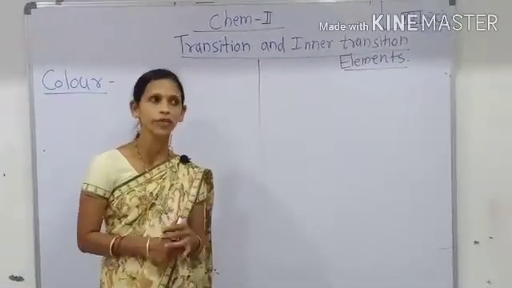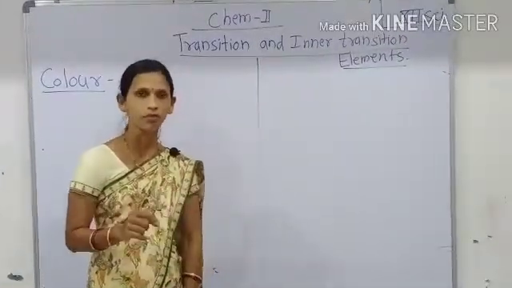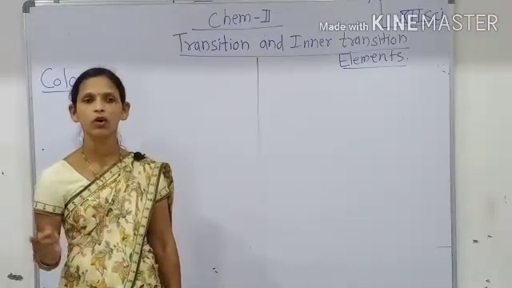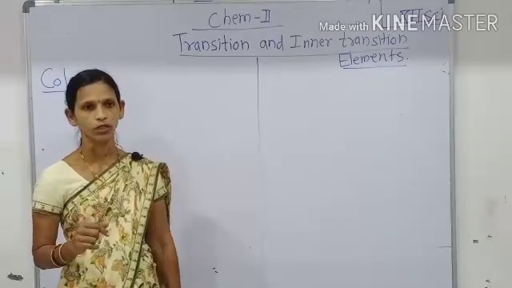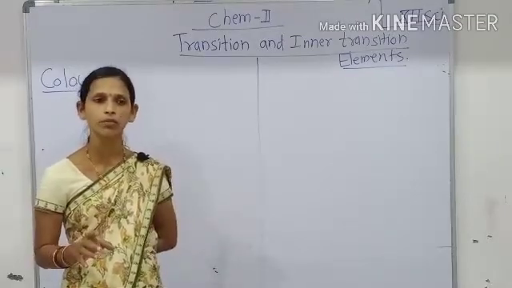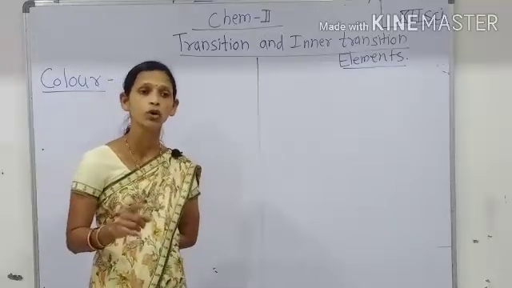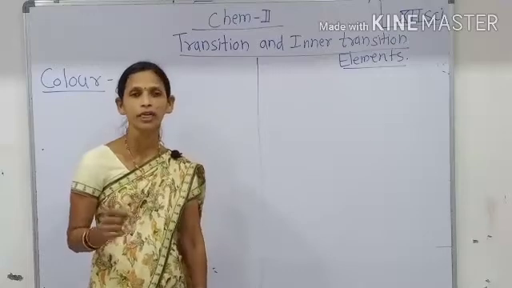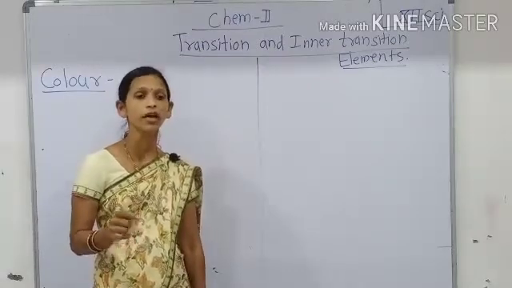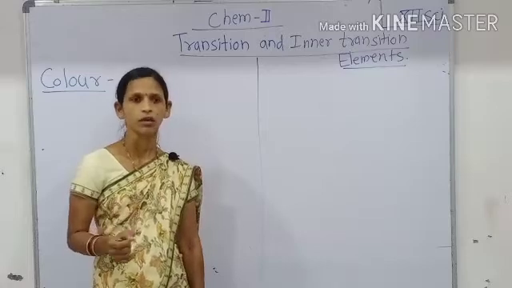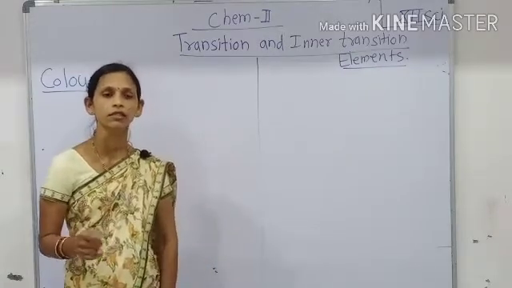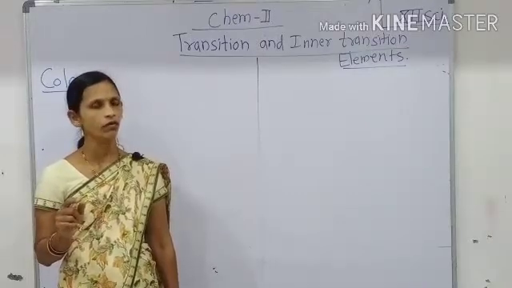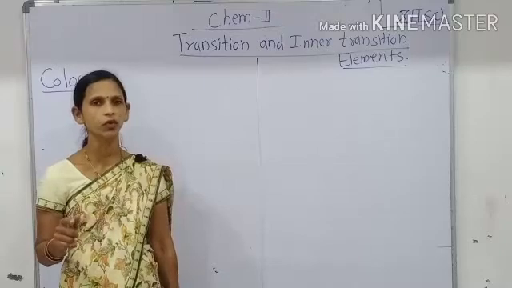All of you are aware that compounds of the transition elements, whether ionic or covalently bonded, are also colored, and that depends upon the number of unpaired electrons present in the n-1 d orbitals. The color of transition elements depends upon the number of unpaired electrons present in the valence orbital, that is the n-1 d orbital.